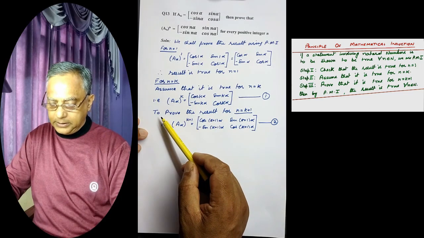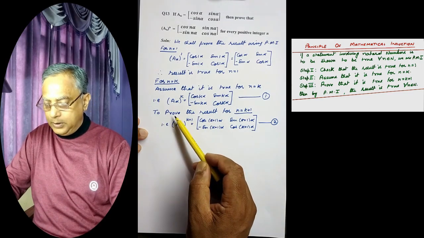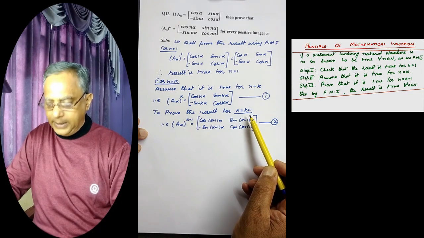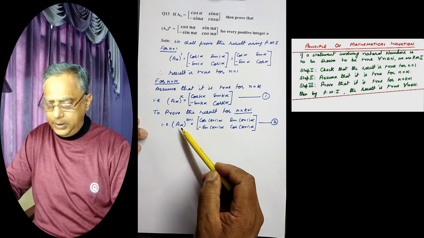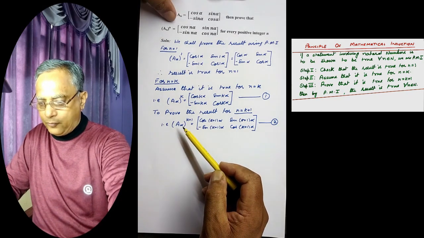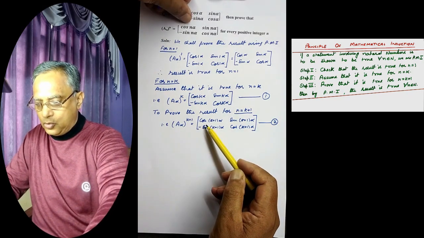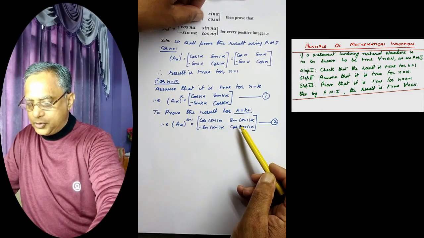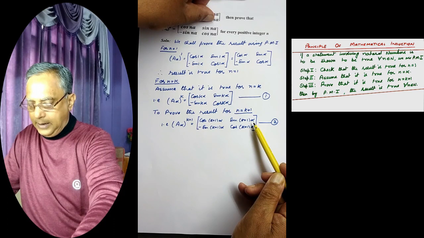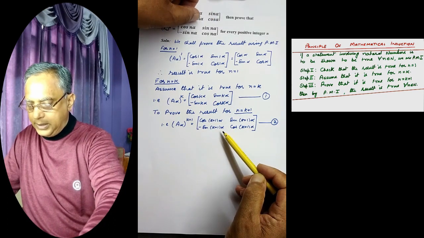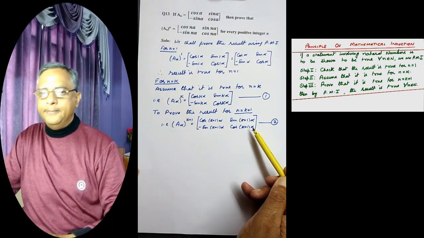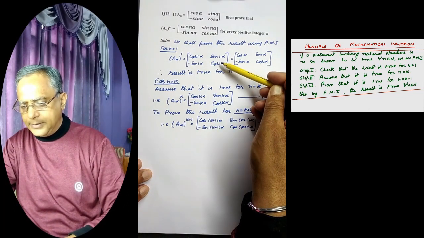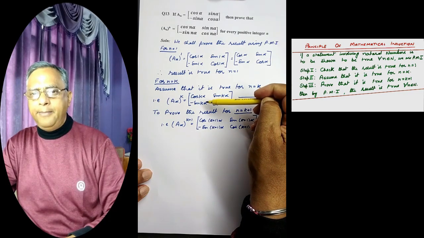And the third step is to prove the result for n equal to k plus 1. That is, we have to prove that A alpha to the power of k plus 1 is equal to cos k plus 1 alpha, sin k plus 1 alpha, minus sin k plus 1 alpha, cos k plus 1 alpha. We have to prove this. These two steps are very simple and you can directly write them down.